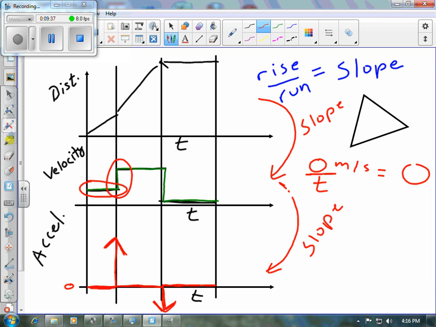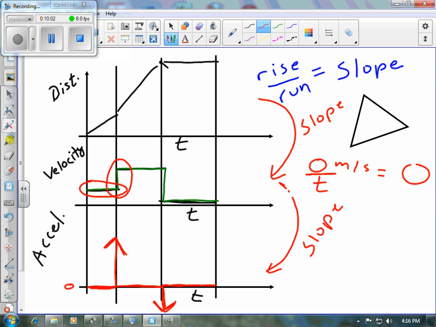To get from velocity to acceleration, you take the slope of the graph, and you can get one from the other. And so all we're talking about is graphing objects moving around on a line. All right? That's all, and how to represent that with graphs.